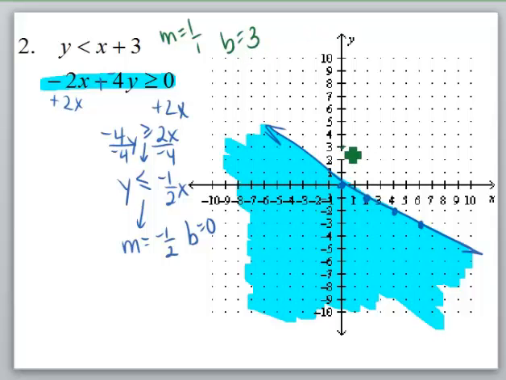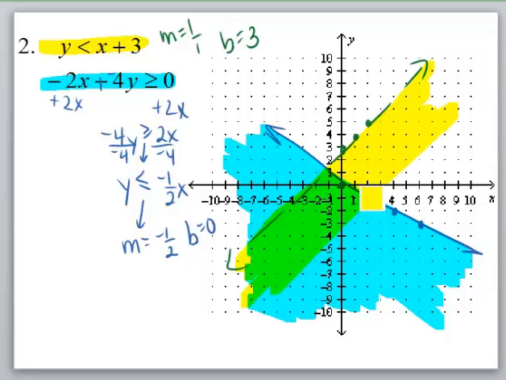So I'll plot my b value. I'll go up 1 over 1, up 1 over 1. I know I'm going to be using a dotted line this time. And this time again I'm shading below the graph. So because I'm using that yellow highlighter again, it's going to be where the two lines turn green is my actual solution, or where the sections turn to green.